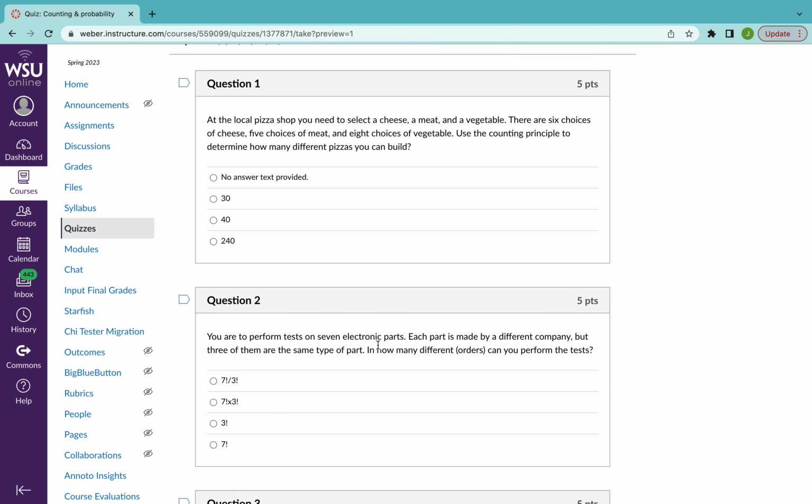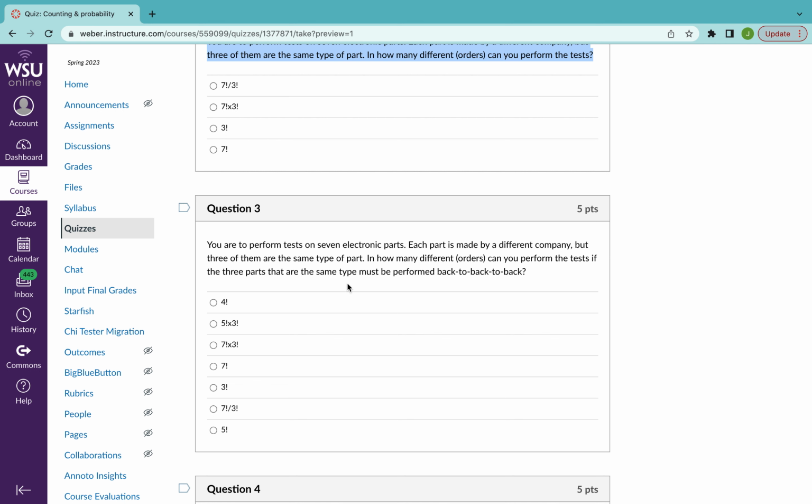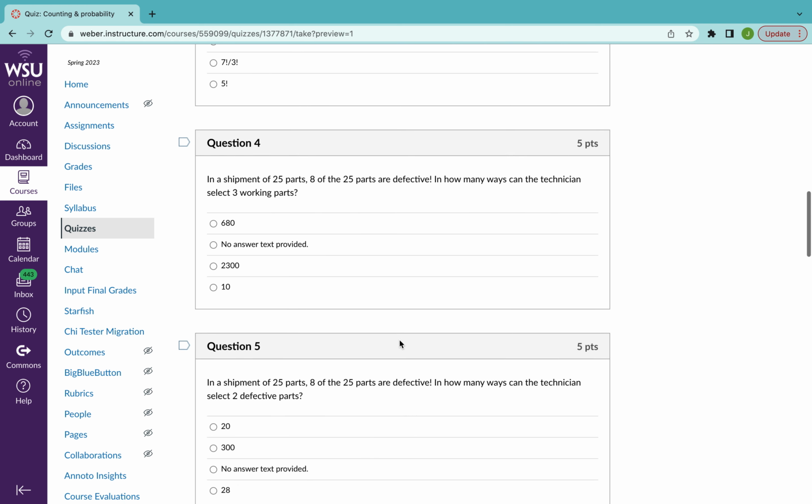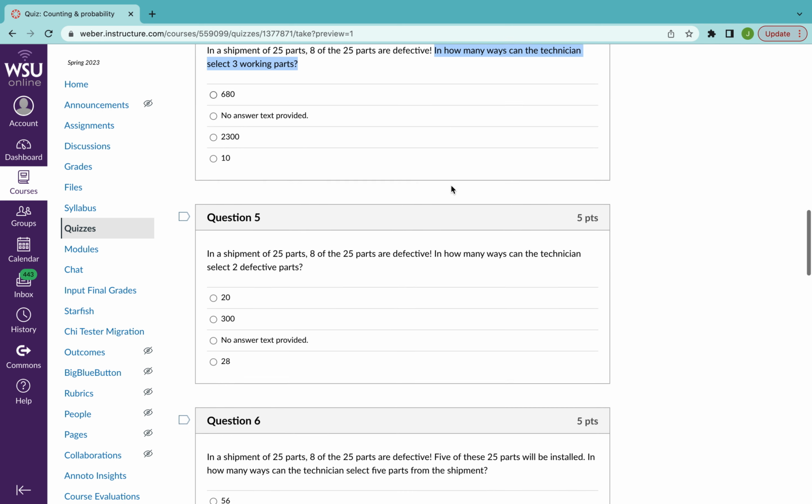So some questions about how many different orders you can have in a certain scenario. Here's another scenario, and it asks about different orders that you can have in which they're back to back to back. Questions about ways things can occur. That relates to permutations, combinations.